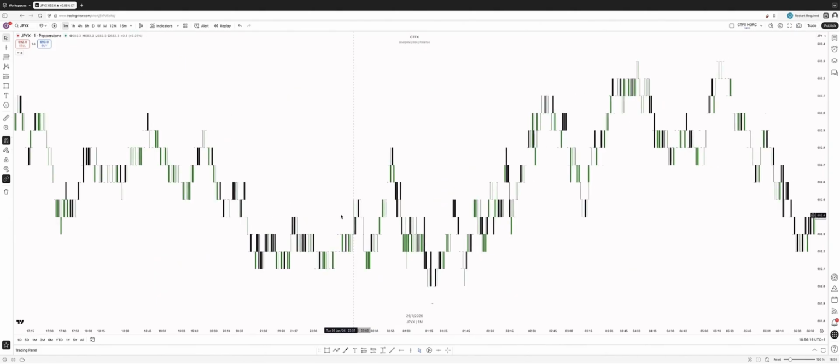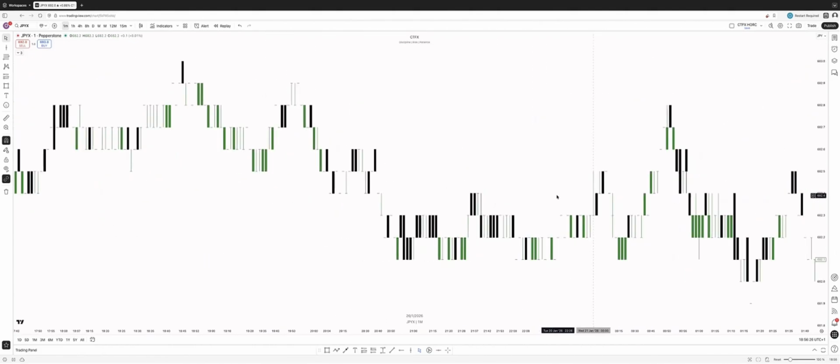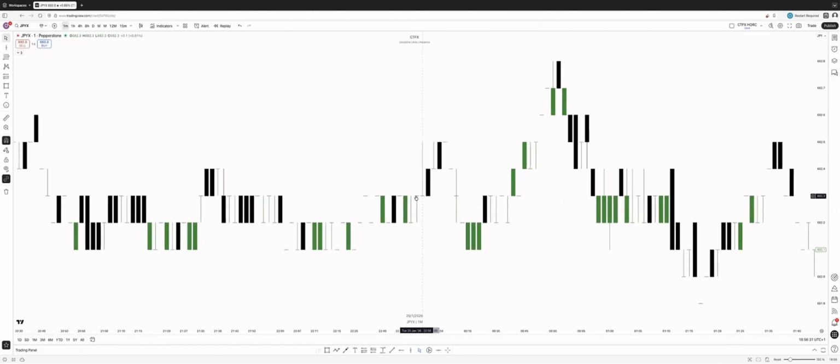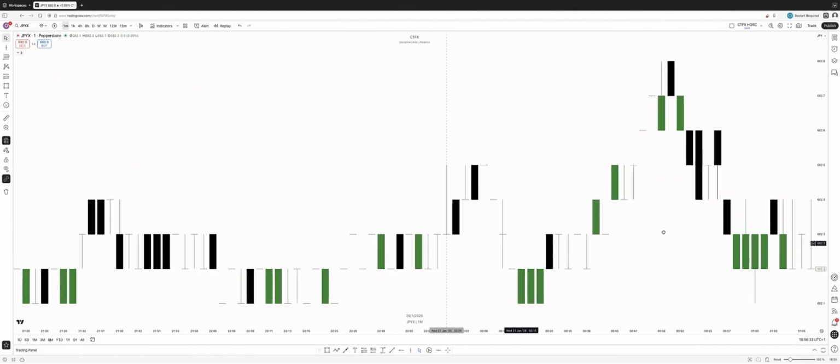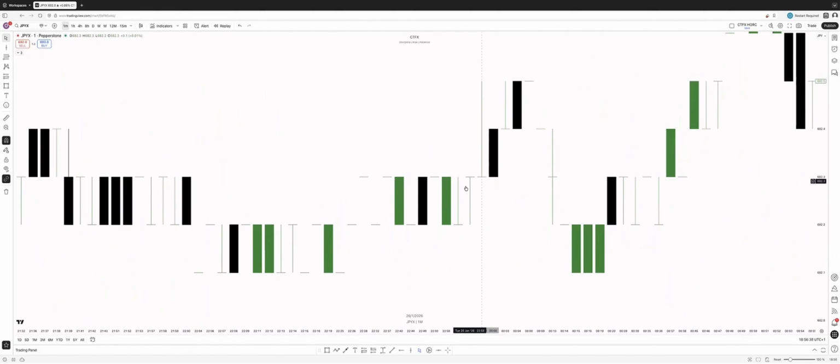Okay, so let's check the 21st of January and use that as a case study for both scenarios. When you're talking about the closing candle method, this particular candle will be your opening range low and opening range high. Whichever one they take first, they took the high first.